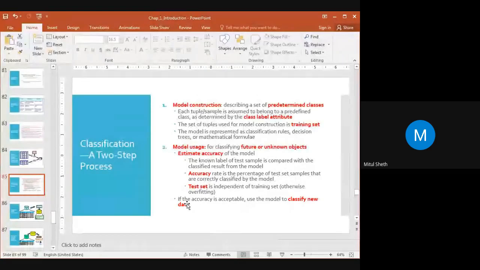Obviously, I developed one model which will predict the weather. So obviously I need to check the accuracy.